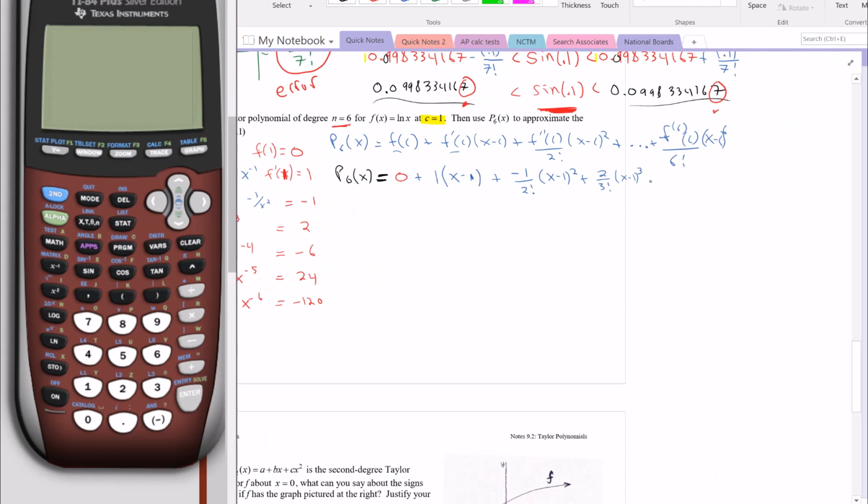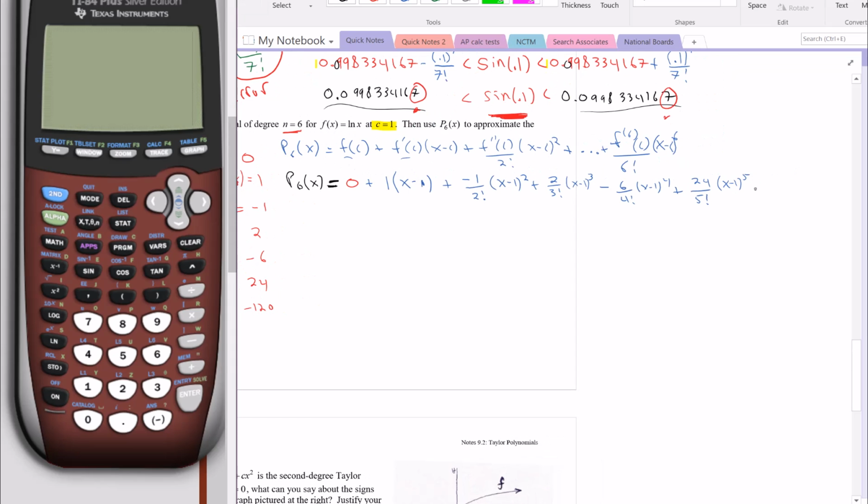The next one is negative, so let's just say minus 6 over 4 factorial x minus 1 to the fourth, plus the fifth was 24 over 5 factorial x minus 1 to the fifth, and the last one is 120 over 6 factorial x minus 1 to the sixth, right?